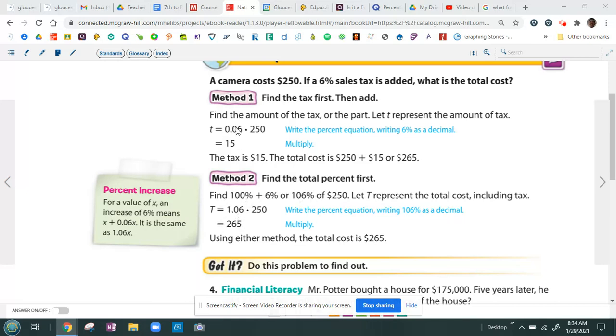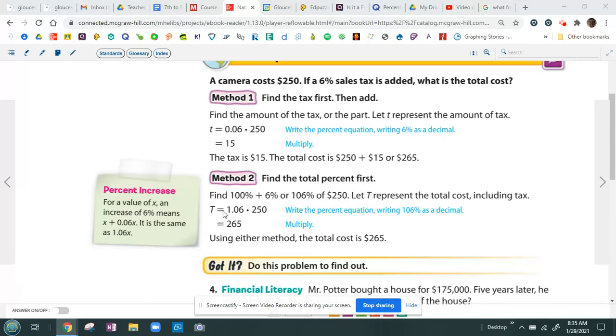Instead of finding the 6% and adding, we can just say, oh, well, if we have to pay 6%, that means the total cost after taxes added in is going to be 106% of 250. All right, so all we do is we add the tax percent to 100%, and then we use that as our percent of the original cost of the item.